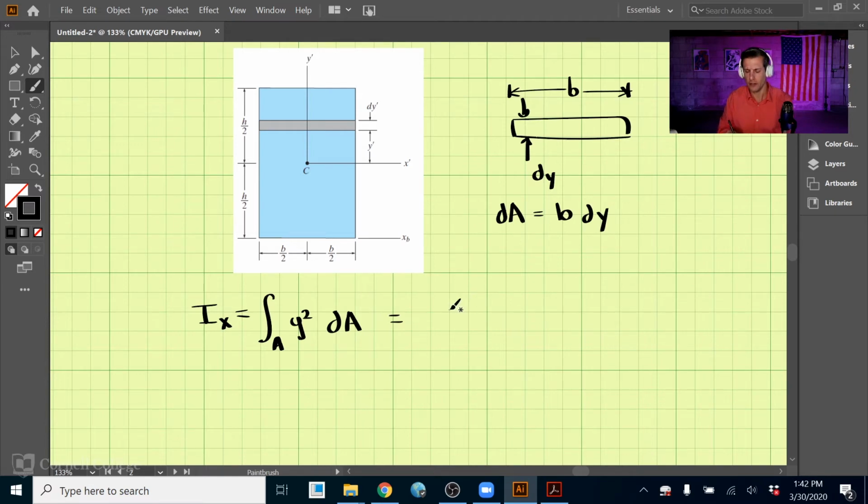Okay, so let's integrate that. If we're doing y squared dA, let's just write out dA there. So dA becomes b dy, right? That's our dA. And so we're integrating about y here. So where do we want to integrate from in the y direction?